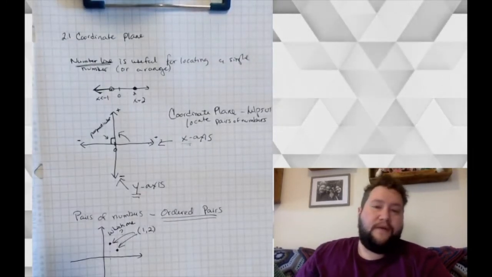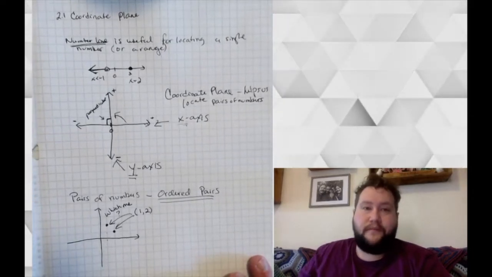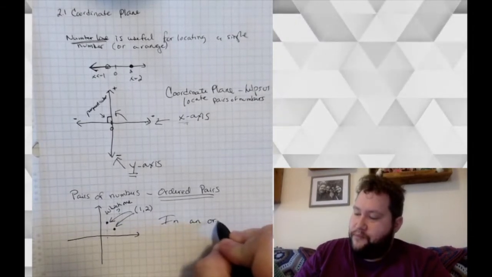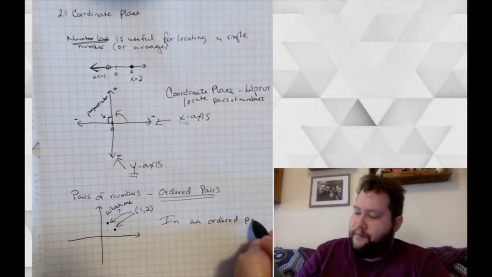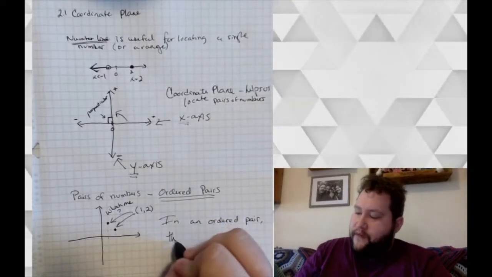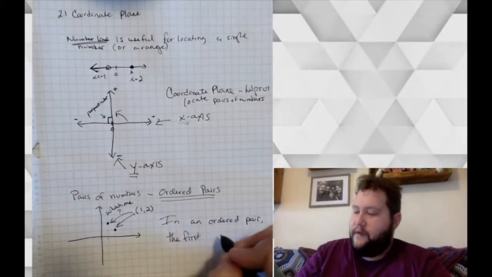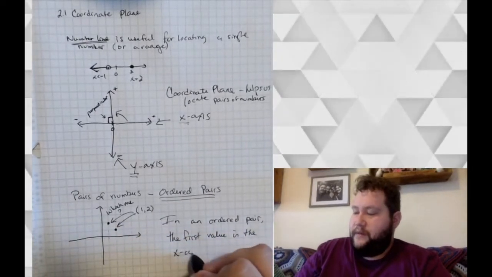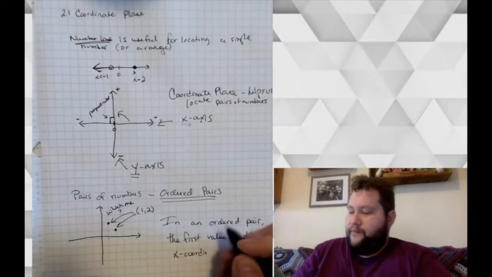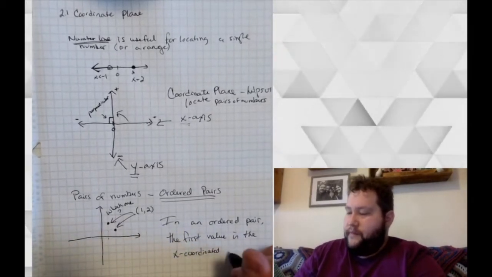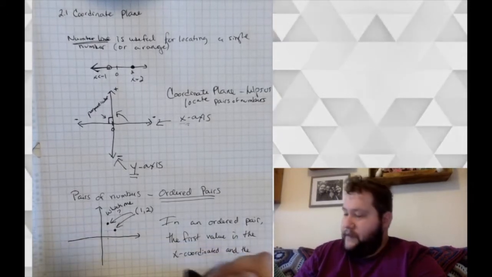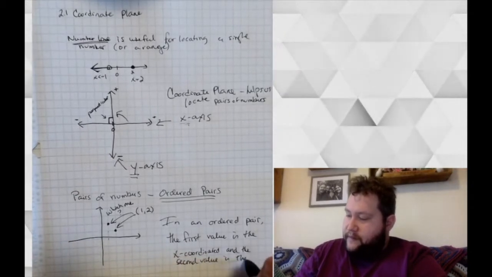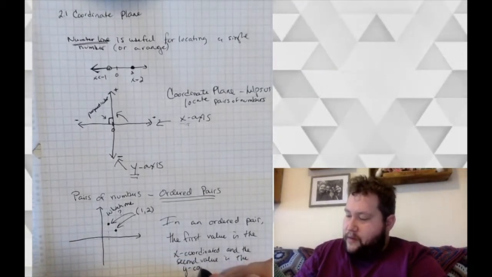So mathematicians have agreed upon a convention. And that convention is, in an ordered pair, the first value is the x-coordinate, and the second value is the y-coordinate.